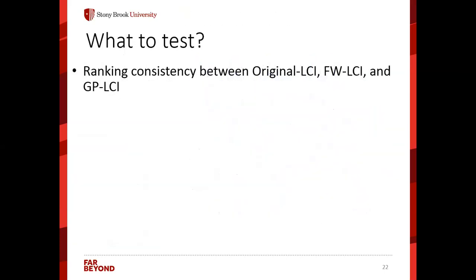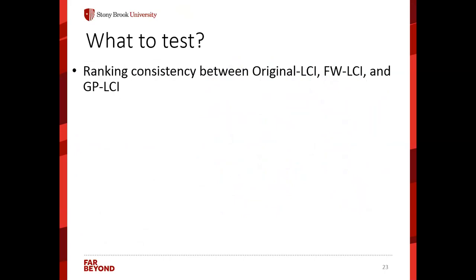So what to test? First, I'm putting more terms here. By original LCI, I mean the one with Frank-Wolfe and path enumeration. When I say Frank-Wolfe LCI, it's still Frank-Wolfe, but it uses the viable paths, not the path enumeration.